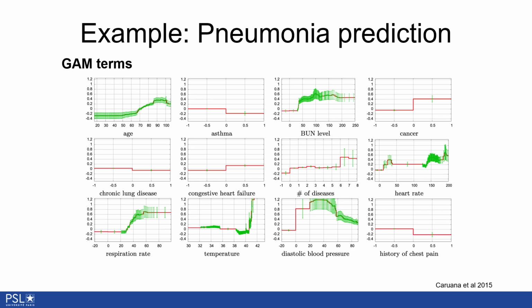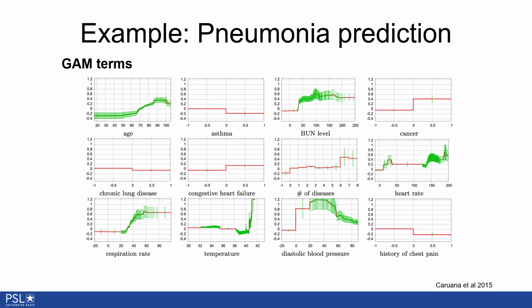Each term in the GAM is a nonlinear function of the input feature. For continuous features such as age, it is a continuous function, and here the results showed that the risk of pneumonia depends on age, respiration rate, temperature, and so on. Note that here these functions were not constrained to be monotonic, which somewhat increases the complexity of the model and limits interpretability.